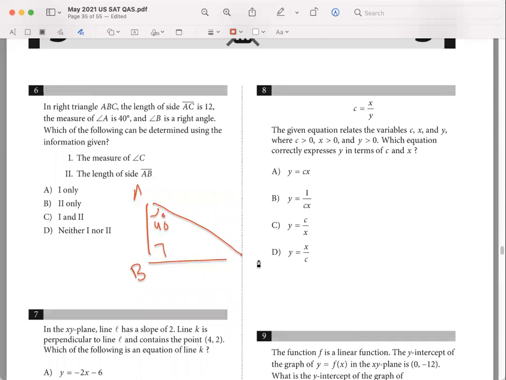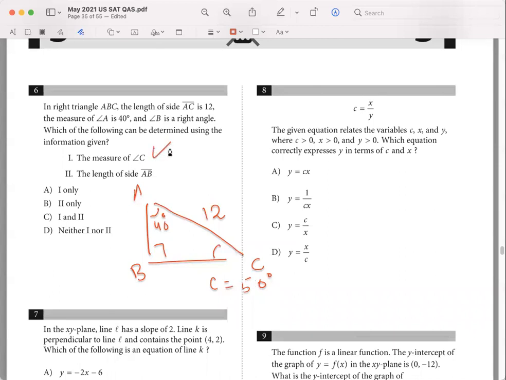And AC is 12. Which of the following can be determined using the information given? The measure of angle C, for sure, because if this is 90 and this is 40, then angle C would be 50. Angle C has to be 50 because the sum of angles in a triangle is 180 degrees.